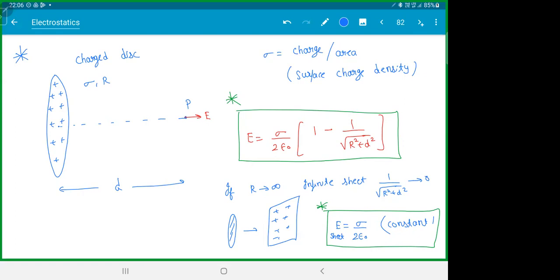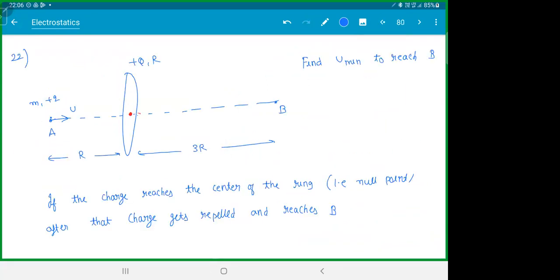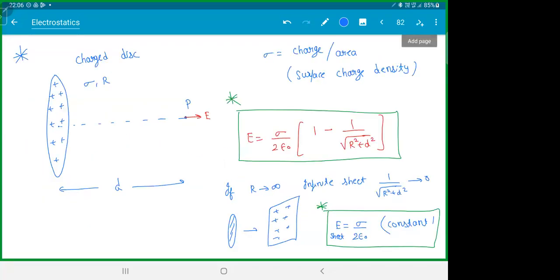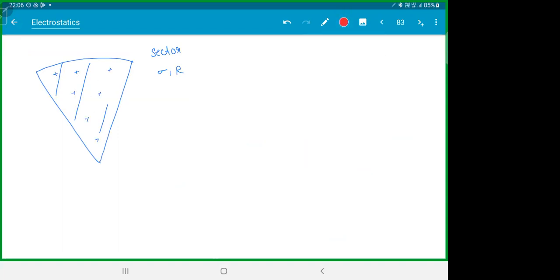Next thing. Let's try this thing. Let's say we have a sector, sigma and radius r. This entire thing is positively charged. This O is the center.